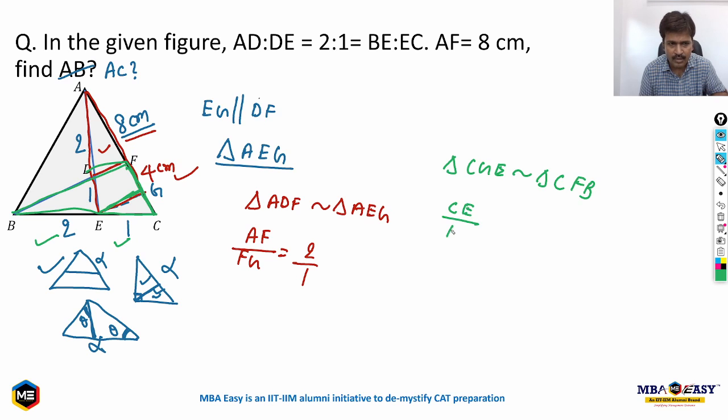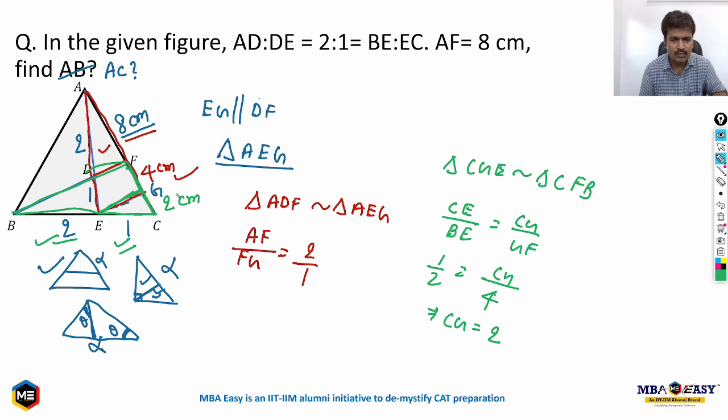CE upon BE will be same as CG upon GF, right? So this is 1:2 and this is CG upon GF is 4. So I know now CG is how much? 2. So this is 2 centimeter.